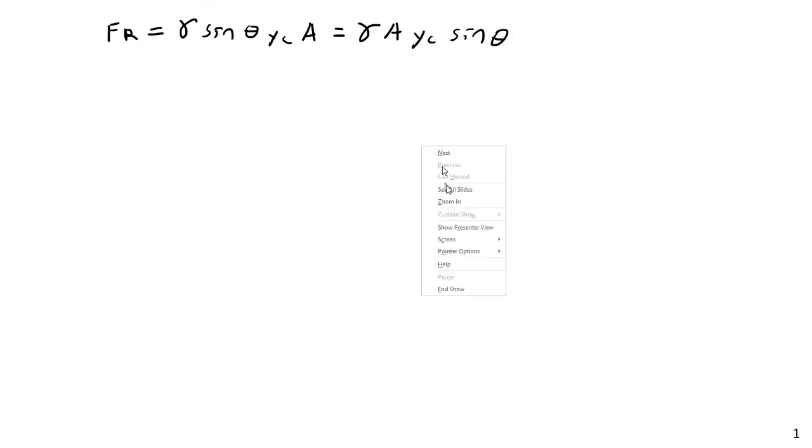So FR is gamma sine theta y_C times A, equals gamma A times y_C sine theta, and this is equal to h_C, the depth of the centroid.